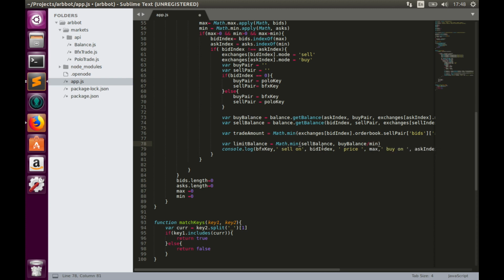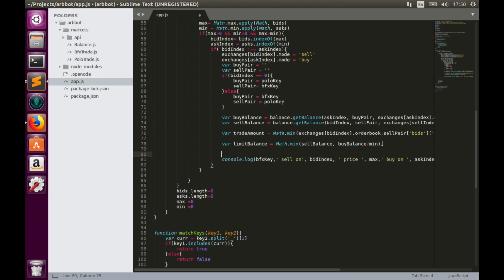Sell balance tells us the amount of Ethereum we can sell. For instance, it equals 3. But buy balance divided by lowest ask price tells us that we can buy only 2 Ethereums. So limit balance, of course, should be equal to 2 instead of 3.